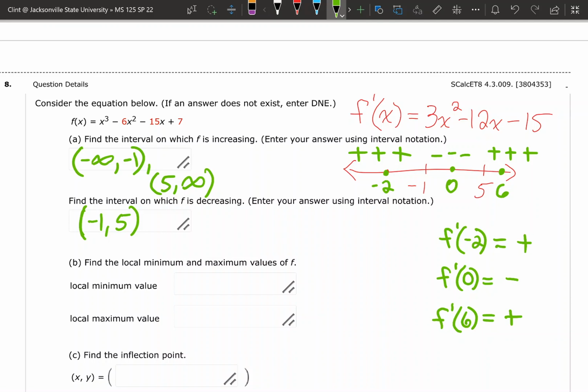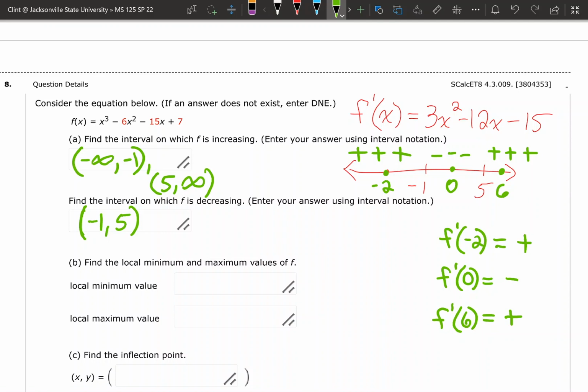B says find local minimum and maximum values. Do we have a local minimum anywhere? A local minimum would be going from negative slope to positive slope. So yes, we've got one at 5.